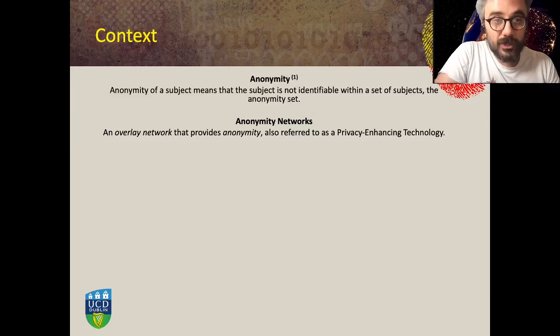So a user of the anonymity network, from an external observer, is not identifiable within the broader set of all the users of the anonymity network, as well as, for example, a service, such as a website delivered within the anonymity network. From an external observer, the website is not identifiable within the broader set of all the websites delivered within the anonymity network.